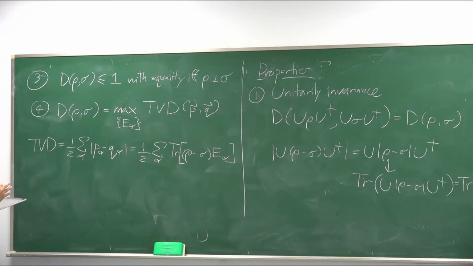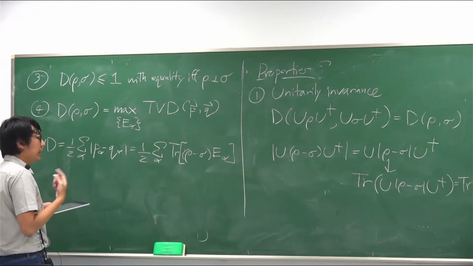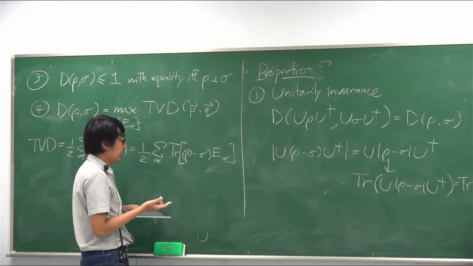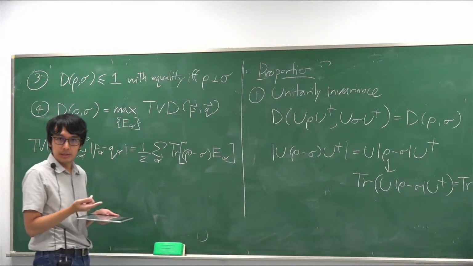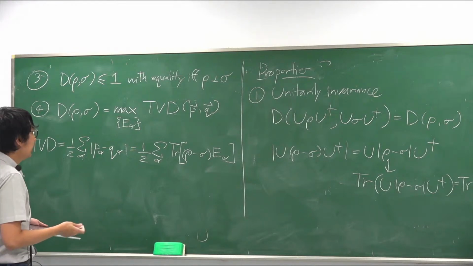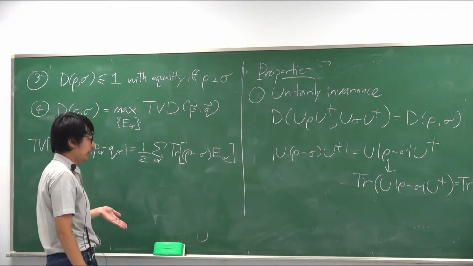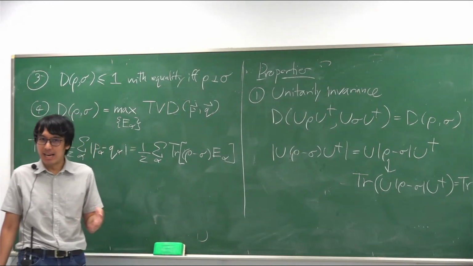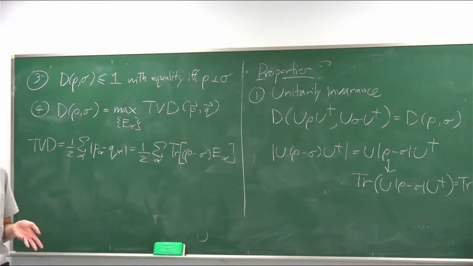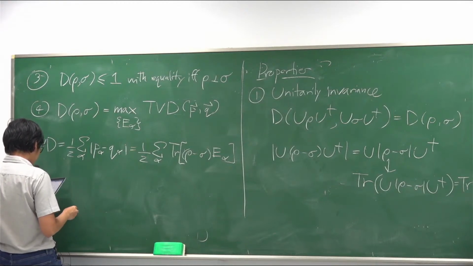If you take the trace of two positive operators against each other, you will get a positive number, like trace of rho sigma. Conversely, if I take the trace of a negative operator and a positive operator, I will get a negative number, and so I can throw away this part.